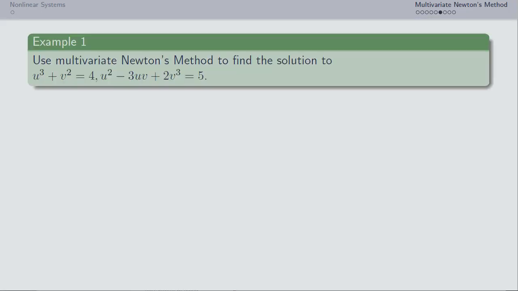So I want to close with a brief example of this in 2 dimensions here. I want to use multivariate Newton's method to solve the equation u cubed plus v squared equals 4 and u squared minus 3uv plus 2v cubed equals 5. This is a nonlinear system of 2 equations and 2 unknowns.